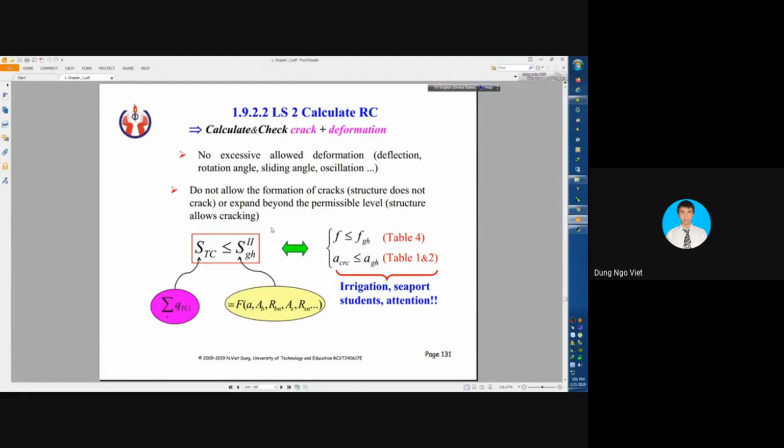And we do not allow the formation of cracks, and the structure does not crack or expand beyond the permissible level. Where the structure allows cracking, the width of the cracks is smaller than the allowable value, and the length of the crack is smaller than the allowable value.